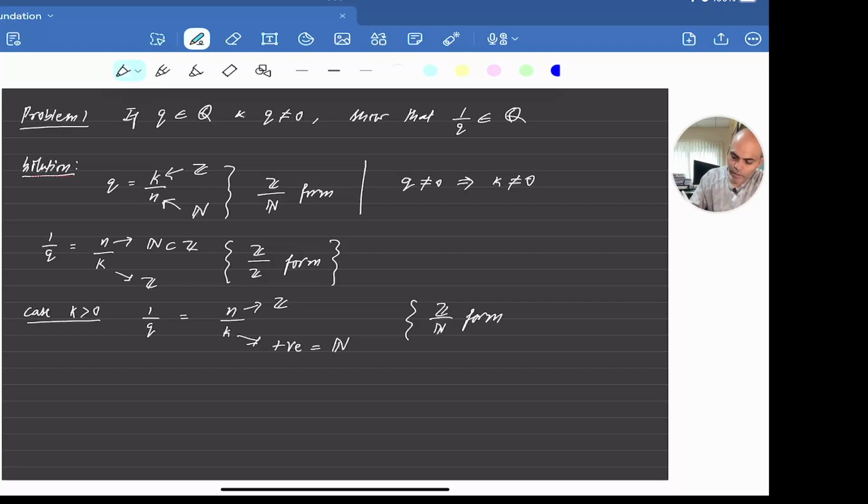Now let us look at the other case. Case k is less than 0. So what is going to happen when k is a negative number? So we have 1 over q equal to n over k. So in this case, let's multiply numerator and denominator by -1.